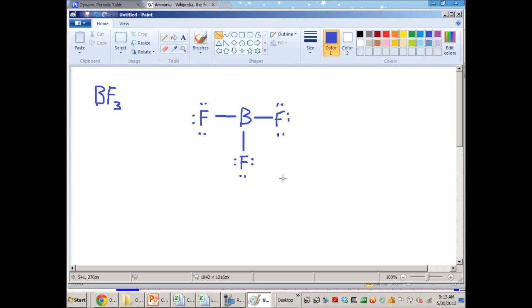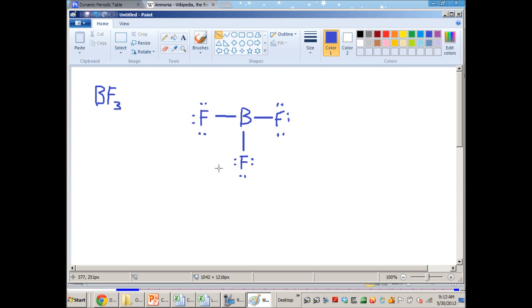Now at this point, all of the fluorines are surrounded by 8 electrons, so they are all coordinatively saturated. They're done. Boron's not. So in this particular molecule, boron is not going to have a full octet. There aren't enough electrons to really do anything to get it to its octet.